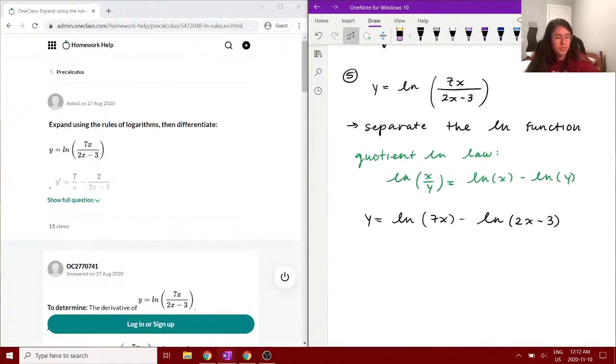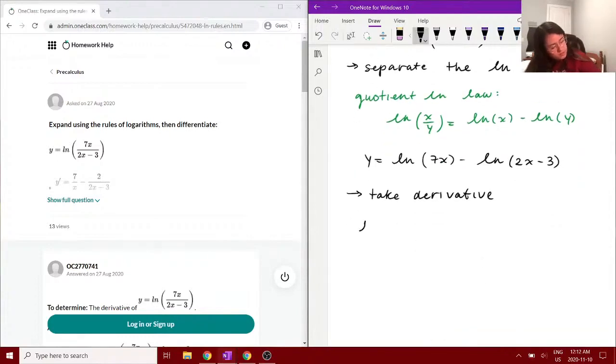So now that we separated it, it will be a little bit easier to take the derivative. So that's what we're going to do now. Take the derivative. And so dy, oops, keep hitting things with my hand. dy by dx is equal to d by dx of this whole function here, ln of 7x minus ln of 2x minus 3.